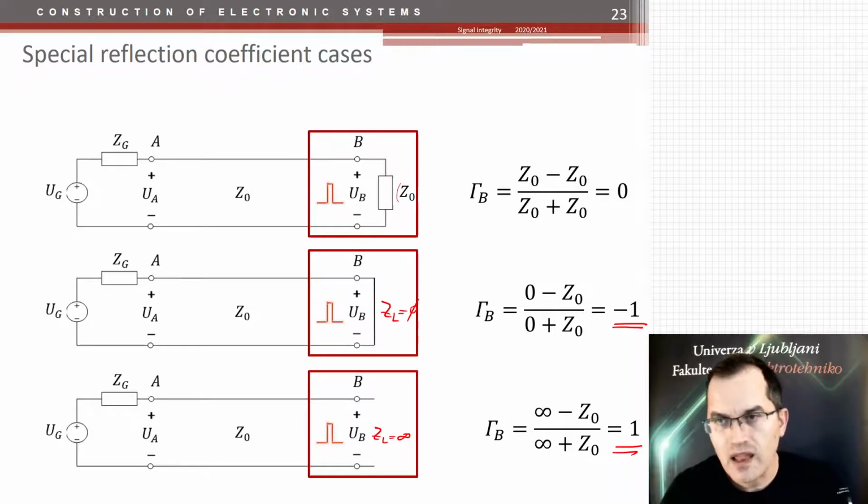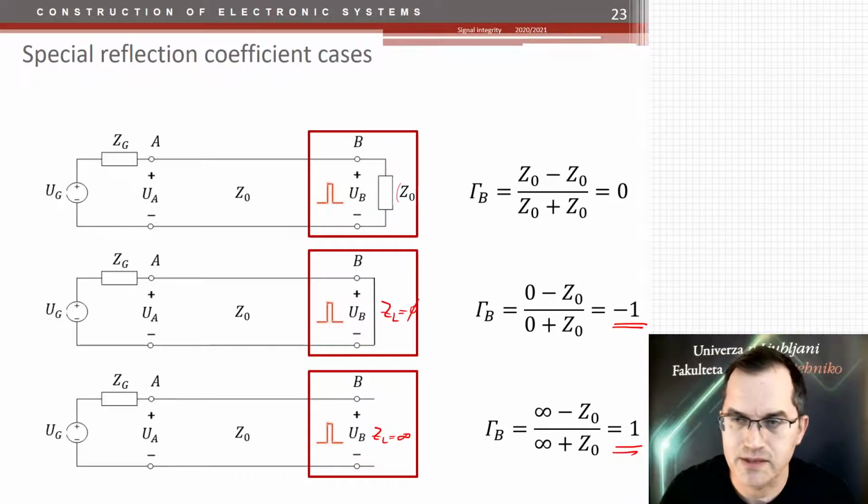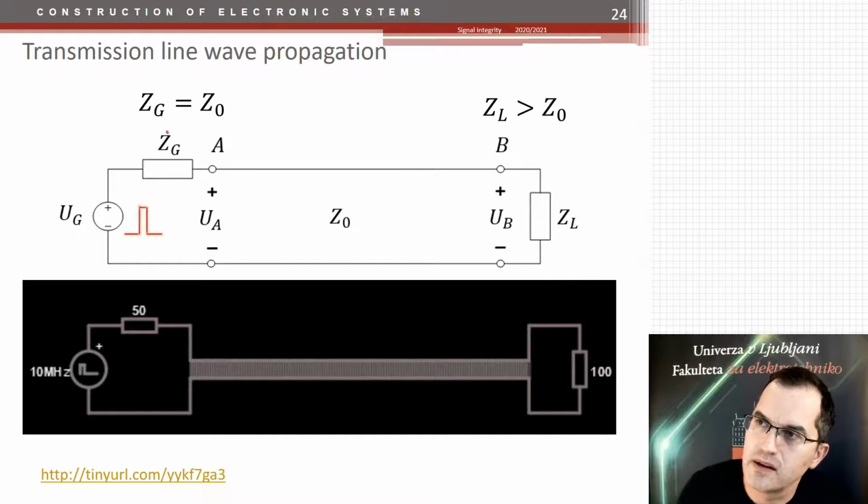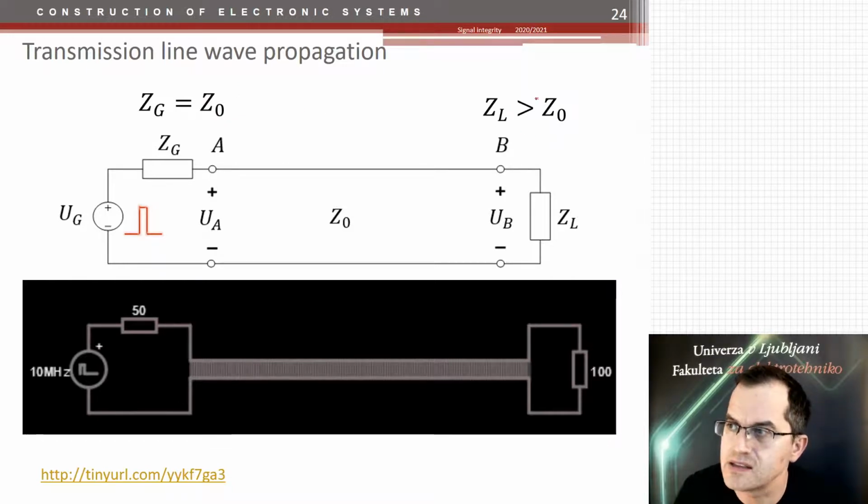Okay, let me show you now a few examples. First, I will show you the one which has the same impedance. So the source impedance, the generator impedance, is the same as the characteristic, and the load impedance is larger. Here you can see we have 50 ohms, 50, so it's the same, and here is 100. So here the gamma at point A is 0.